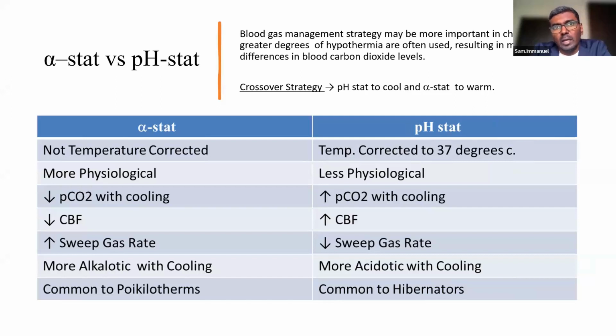And once you attain your desired temperature, then you can switch over to alpha stat and go on. So by that, it plays a very good management of your pediatric cases.